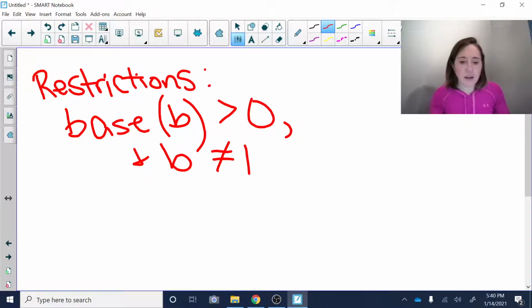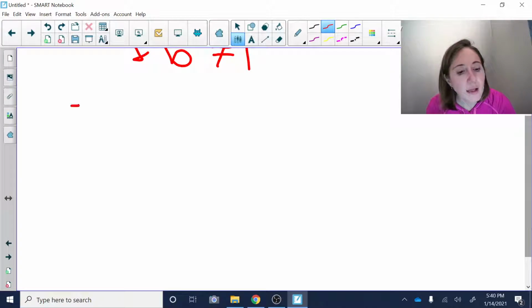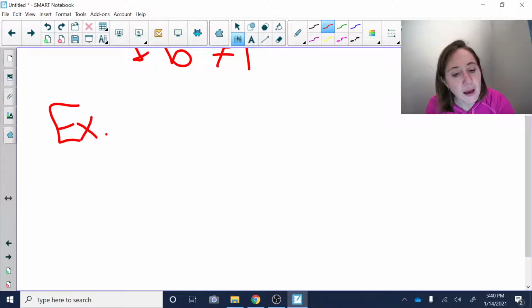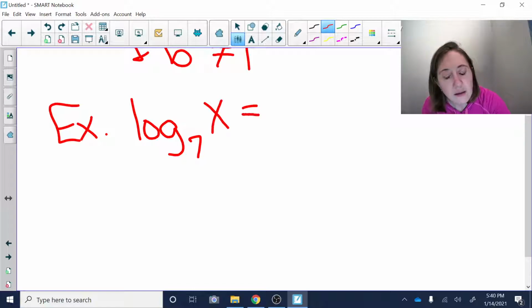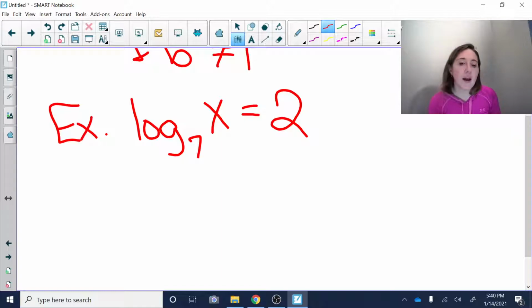Let's do some more example problems, and then I'll tell you a little bit more. So let's say that we had to find log base 7 of x, and that's equal to 2. I wonder if we convert this into exponent form, if we can figure out what this x would be.